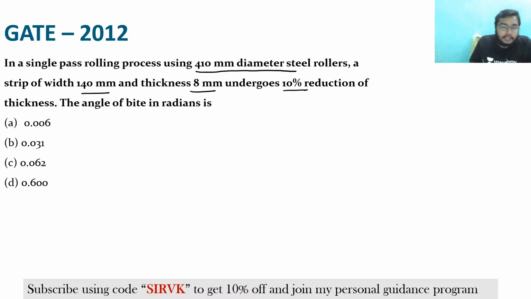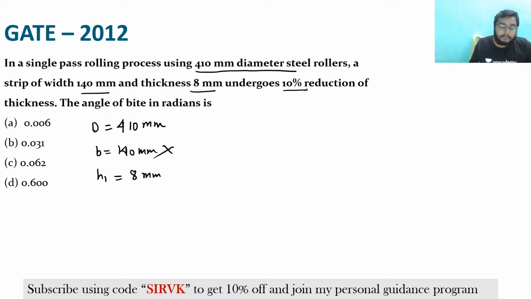See here what is given: 410 mm diameter, right? So the diameter is given as 410 mm. A strip of width 140 mm, so the width B is given, right? We do not have to do anything with the width, so don't get confused. The thickness was 8 mm. It undergoes a 10% reduction.